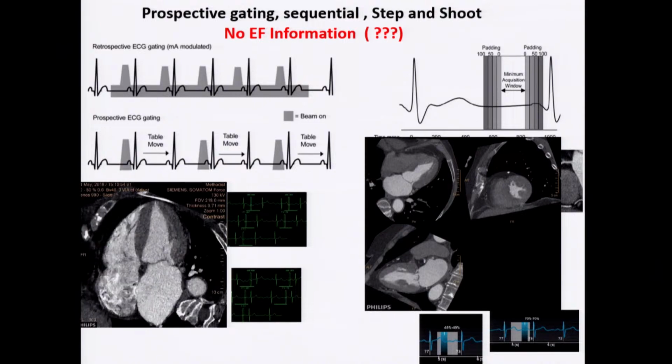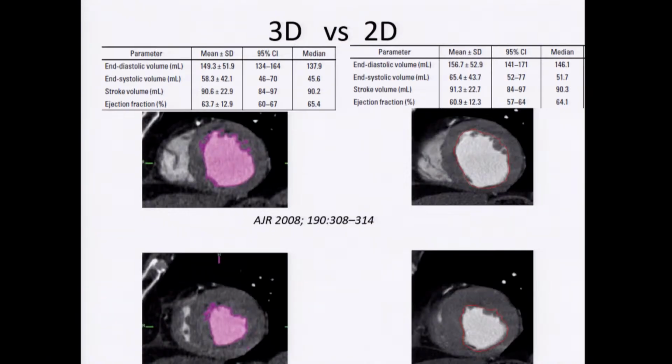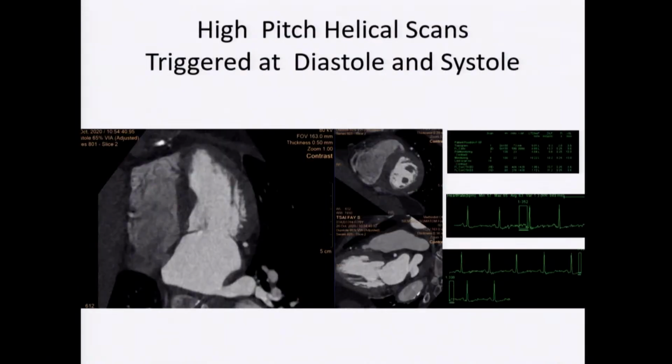Obviously the images are not going to be very smooth because you only have a certain number of images. I don't know, you guys are too young to remember when we did myocardial perfusion with echo, where you only saw end systole and diastole. So you can get fairly decent EF information even with step and shoot if you want to. Even with flash mode, the same thing.